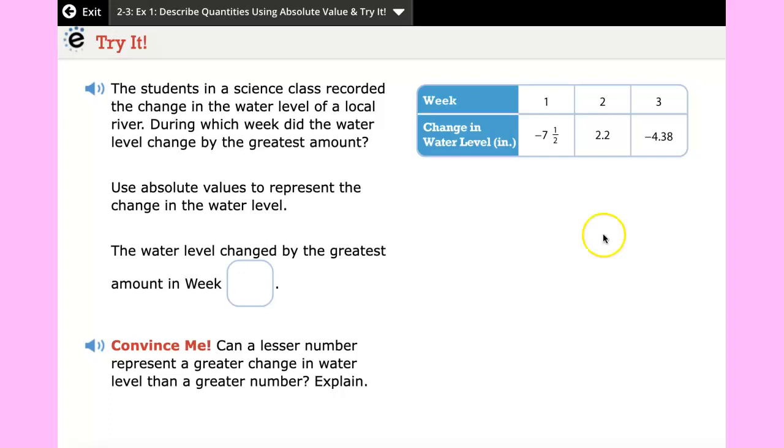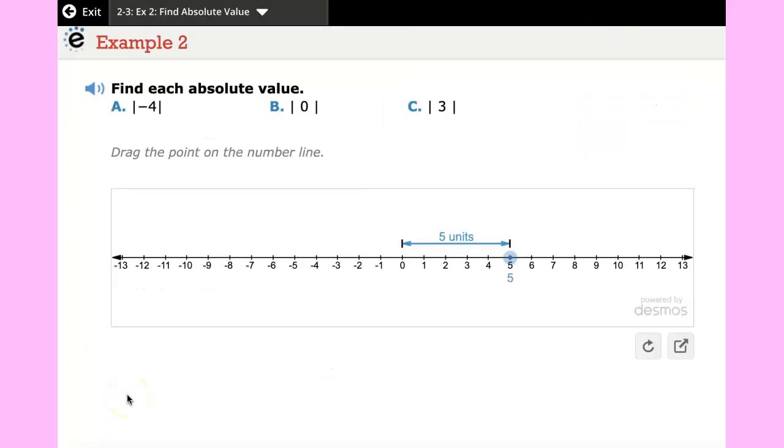So in this case, what is the change? All right, let's proceed to our next example. Find the absolute value of A, B, and C: absolute value of -4, absolute value of 0, and absolute value of 3. You could use the number line to figure out your answer.